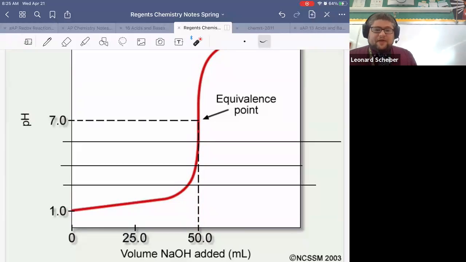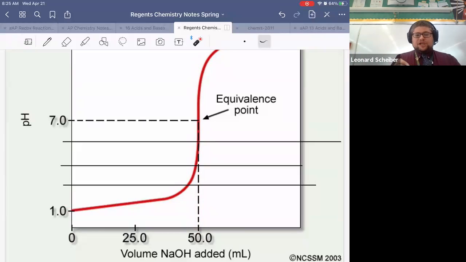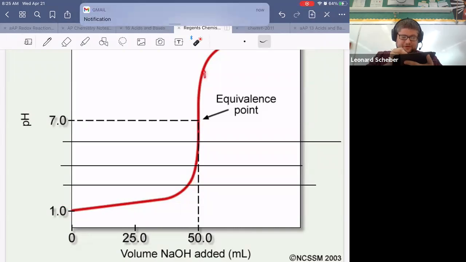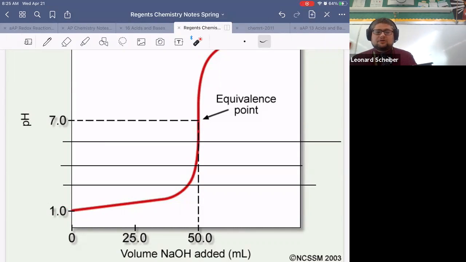So because it takes so little to change in that range, the added volume is not really that significant there. The idea is that when you go from, I don't know, 49 to 50, 49.5 to 51.5, right? That 1 milliliter is going to change the pH so much that we're going to instantly see that color change. So that's why we use phenolphthalein.